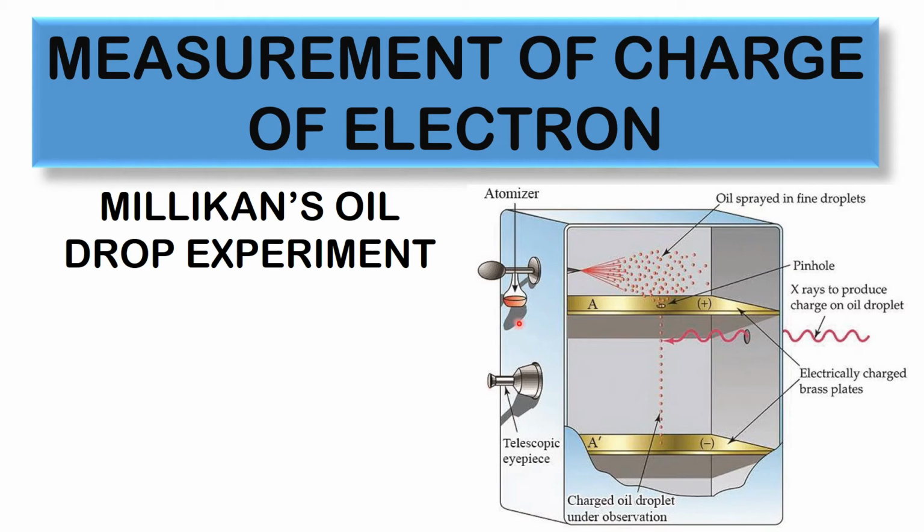Now, what Millikan did was he sprayed oil through with the help of this atomizer above the anode, and some of these oil droplets penetrated this pinhole and went downwards towards plate A prime, that is the cathode, under the influence of gravity.